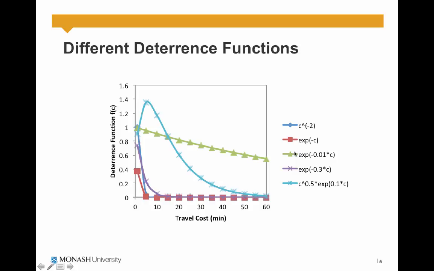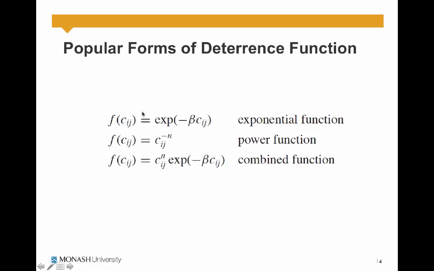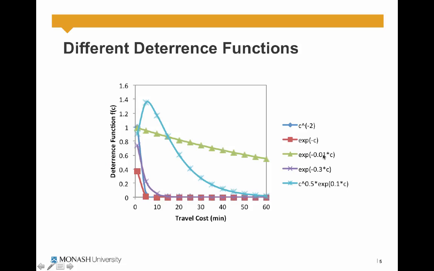For example, consider an exponential function with parameter beta of minus 0.01. So this is the exponential form we are looking at here. And compare this with the red curve and the purple curve.